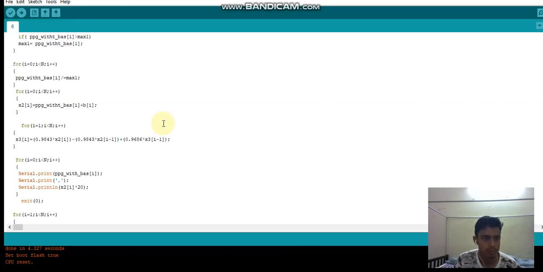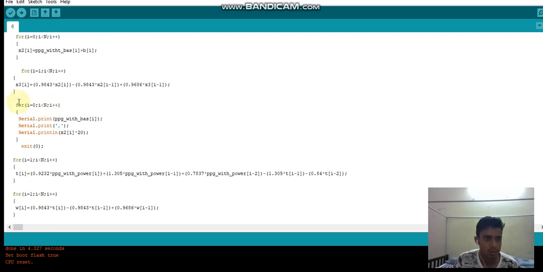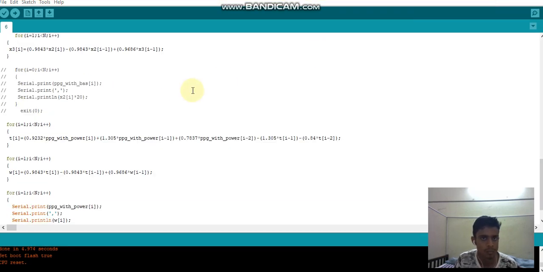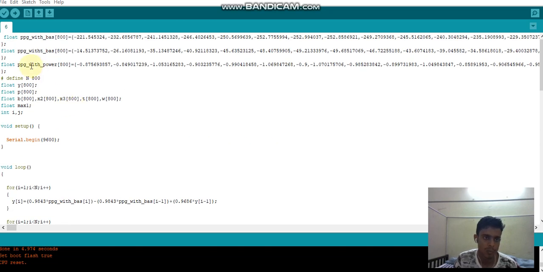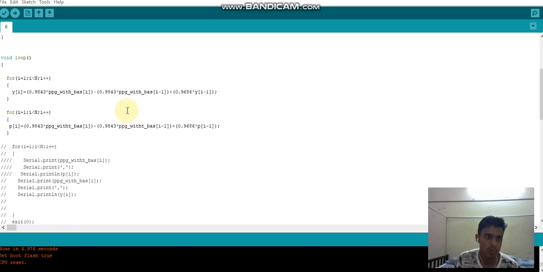Now our next case is to use the PPG with power line signal, and we have to remove this. For removing it, we have to design a notch filter.